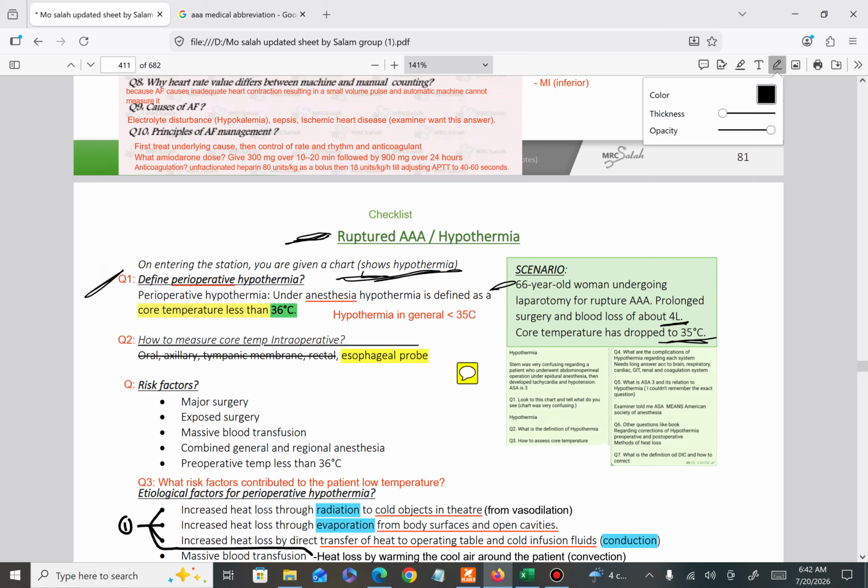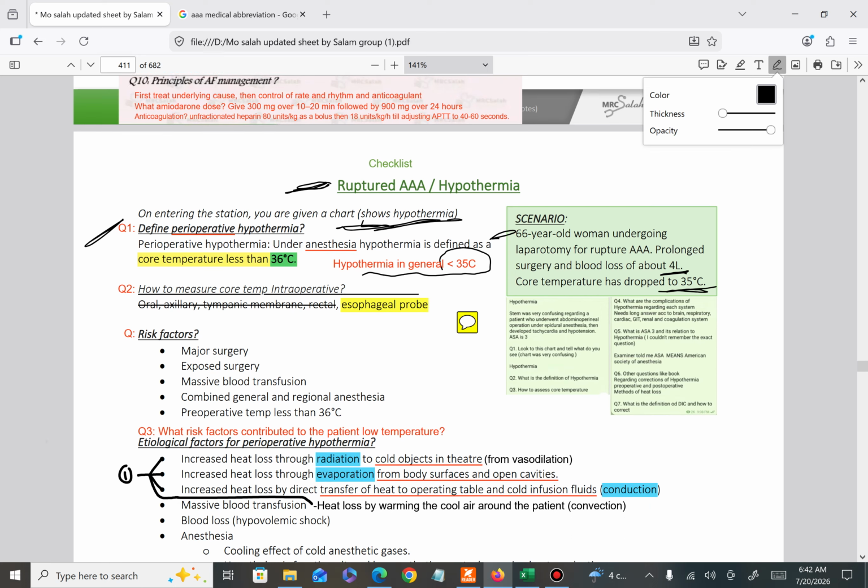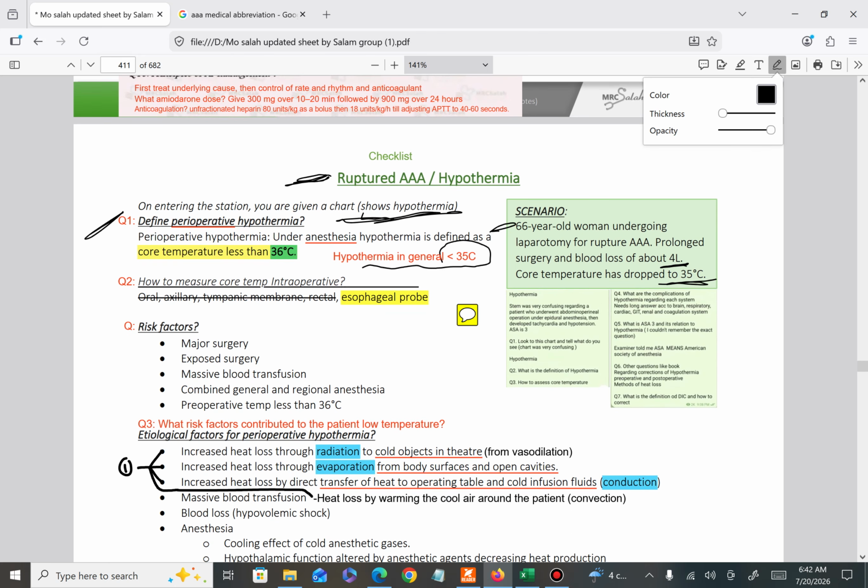Under anesthesia, hypothermia is defined as a core temperature less than 36 degrees C, but hypothermia in general is a temperature less than 35 degrees C. How to measure core body temperature intraoperatively? We can use an esophageal probe.